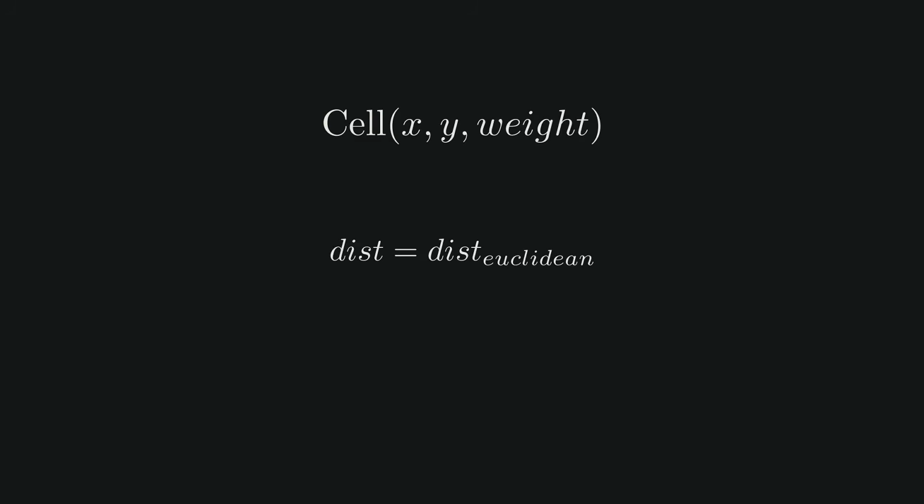Let's make it so that every site in a Voronoi diagram has an additional attribute called its weight. What this weight will do is, when computing the distance from a point to a site to determine its color for example, the distance will be multiplied by the site's weight. Let's see what this very simple change does to our diagram.